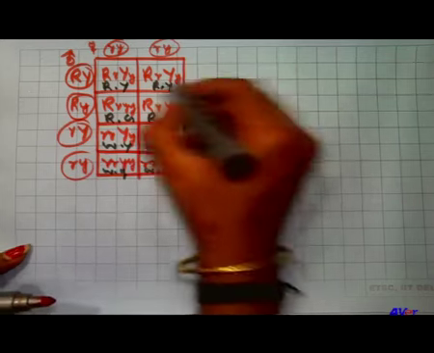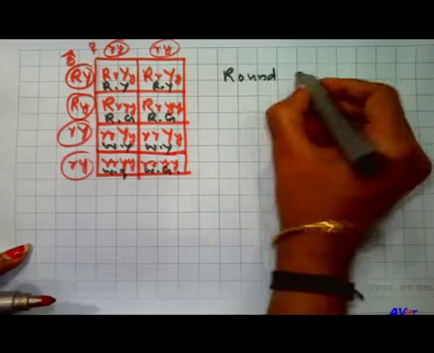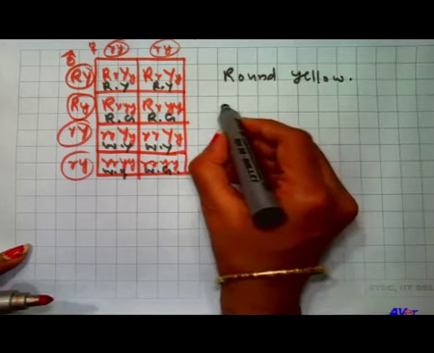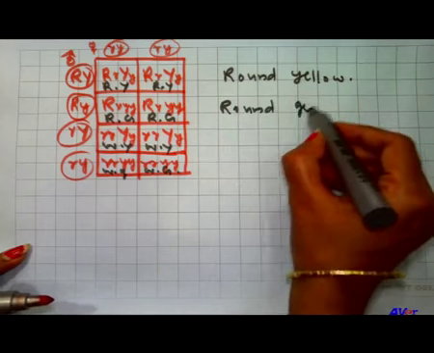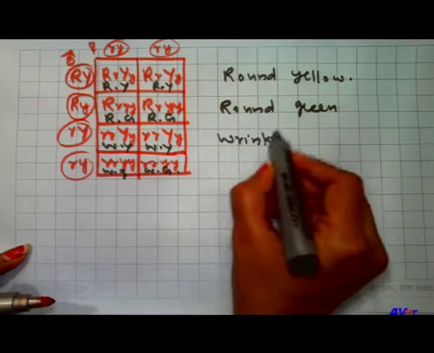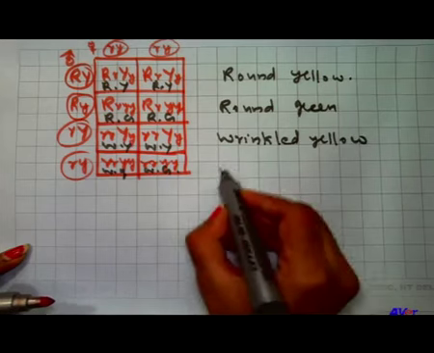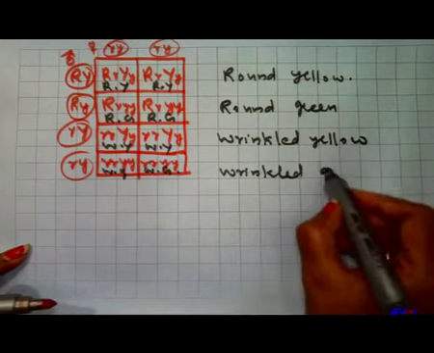So, again here there are 4 phenotypes: round yellow, round green, wrinkled yellow, and wrinkled green.